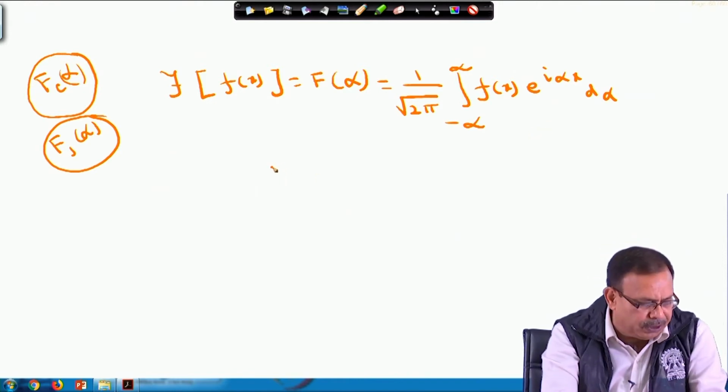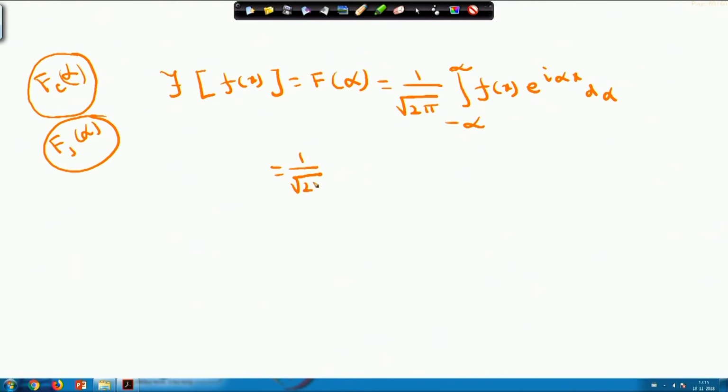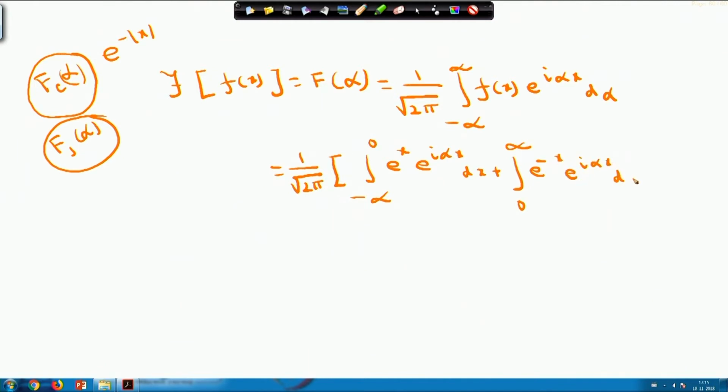So, whenever I substitute this, since the given function is e power minus mod x, I can break it into two parts, one is minus infinity to 0. In this case it will become e power x into e power I alpha x into dx, and plus 0 to infinity it will be e power minus x into e power I alpha x into dx.